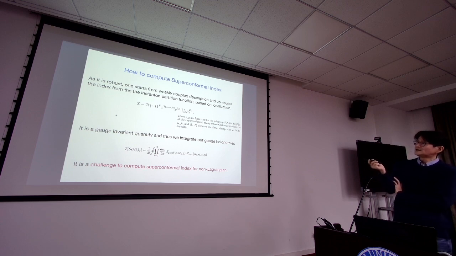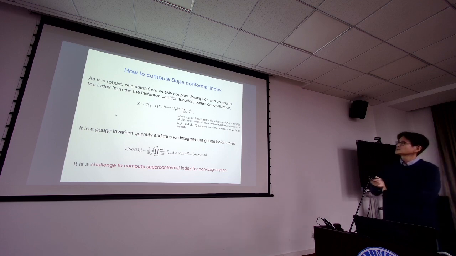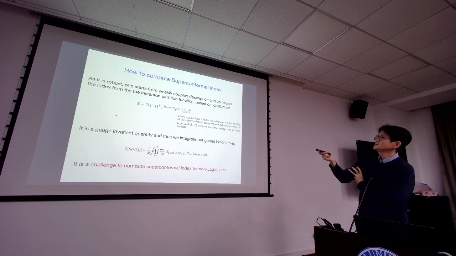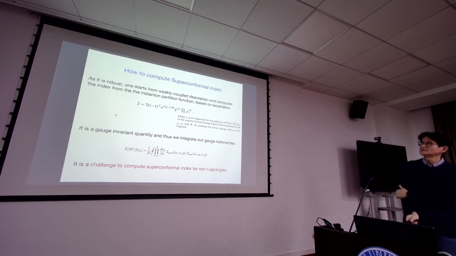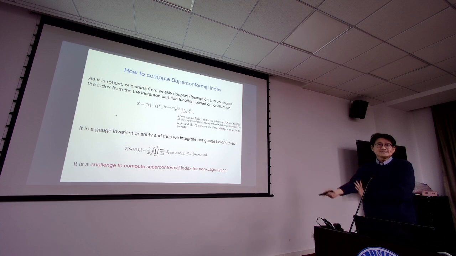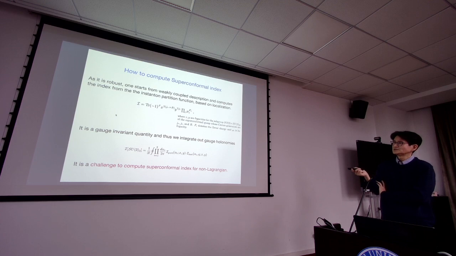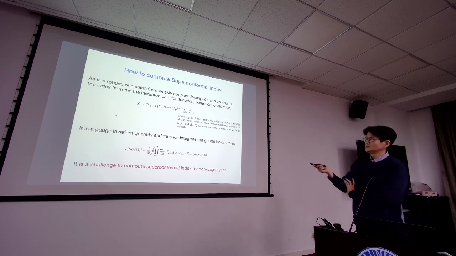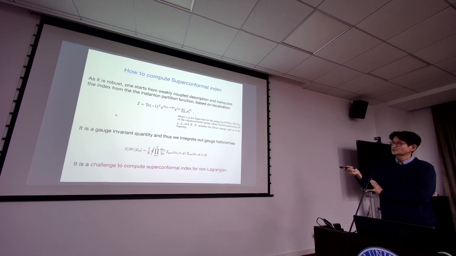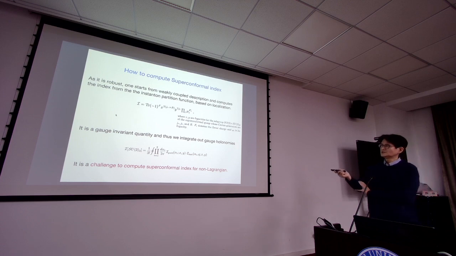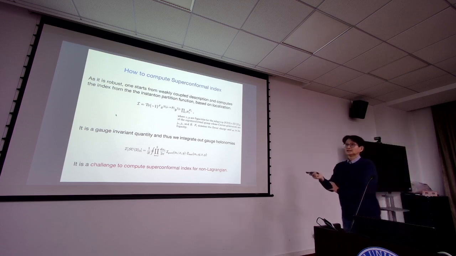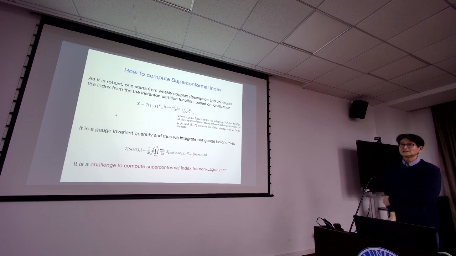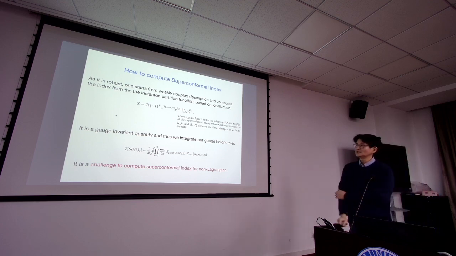These x and y are the fugacities parameterizing the global structure, and the masses and hypermultiplet fugacities are also introduced. It is also a gauge invariant quantity, therefore we integrate over the holonomies. Basic Coulomb branch integration is performed this way. The basic structure is that we have some Haar measure, a perturbative part and an instanton part, and we put them together and integrate out the gauge holonomies, and then we get the index.